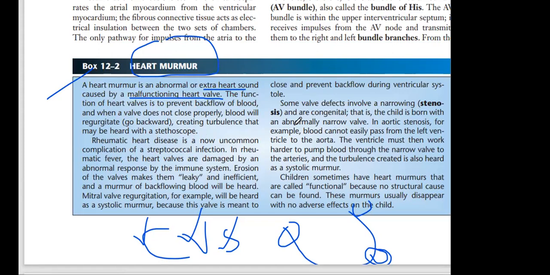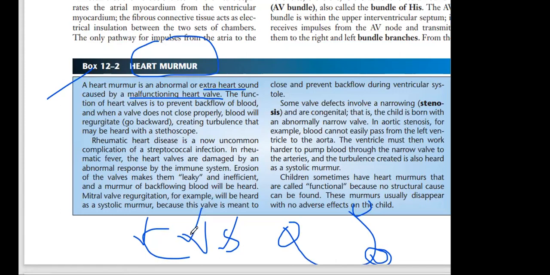It cannot pass forward because of the damage to the valve. The valves are unable to open properly, and they are not closing properly. So the blood will be stored in the heart only. What will happen? Heart size will increase.